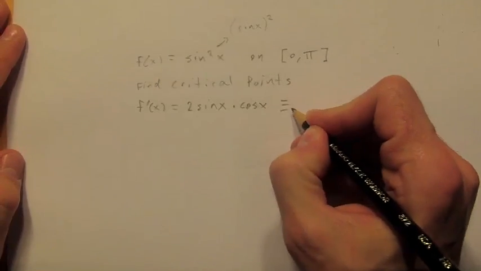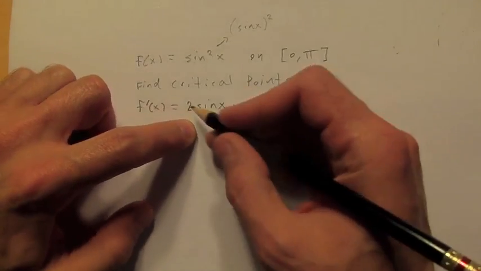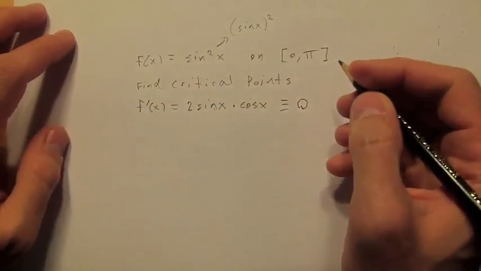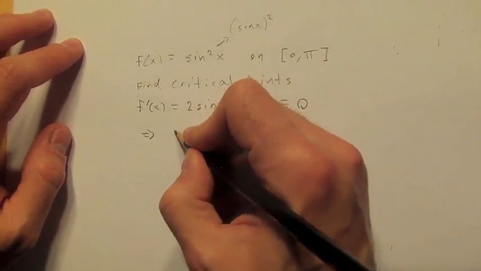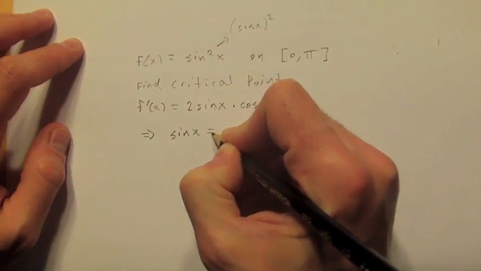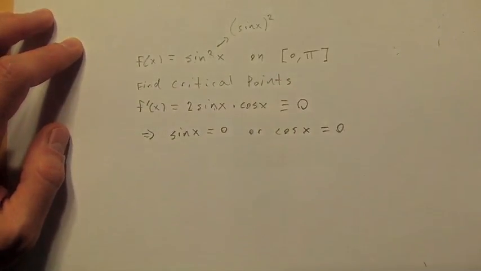So we only need to worry about when it is equal to 0. So when sine x times cosine of x is equal to 0. That means I have two things multiplied together giving me 0, so either, and I don't have to worry about the constant, sine of x is equal to 0 or cosine of x is equal to 0.